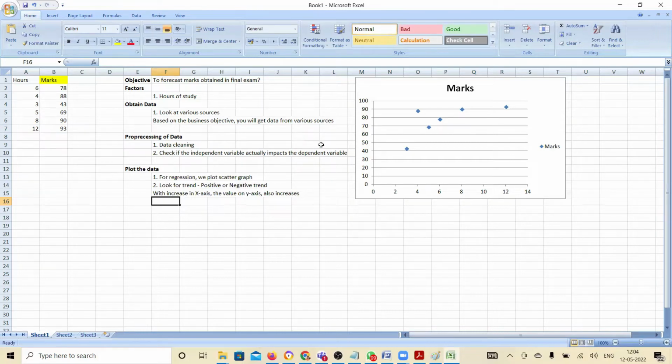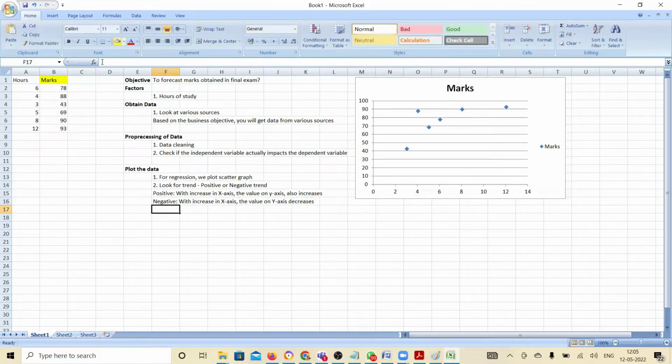So this is called a positive relationship. In a negative relationship, with increase in x-axis, the value on y-axis decreases.